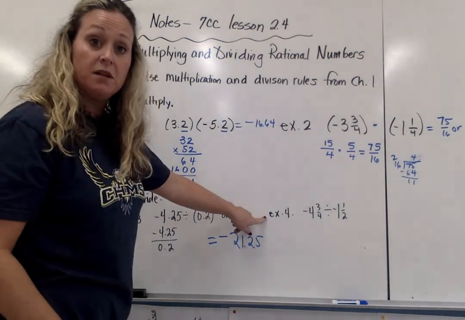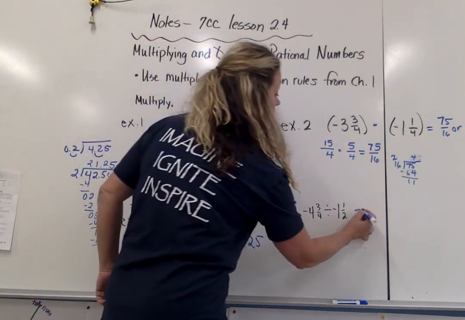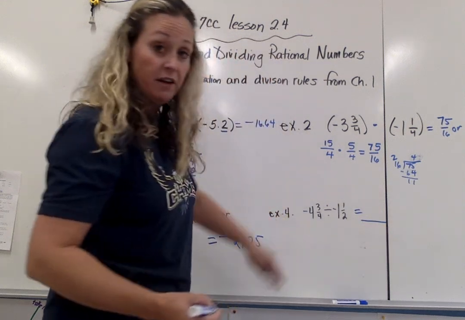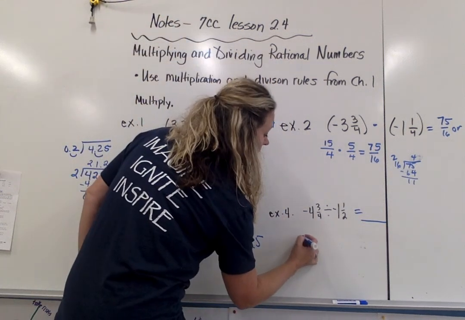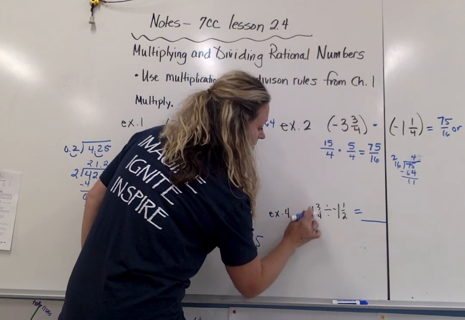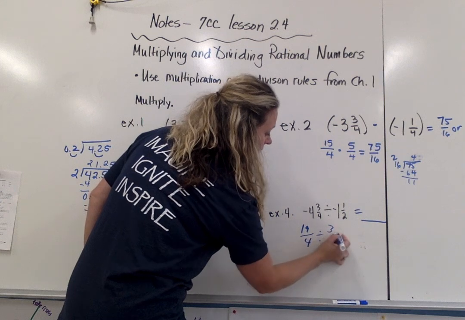For this problem, I'm going to be dividing fractions. I have a negative divided by a negative, so my answer is positive. And when I divide fractions, I change them into improper fractions, and I multiply by the reciprocal. So I have 19/4 divided by 3/2.